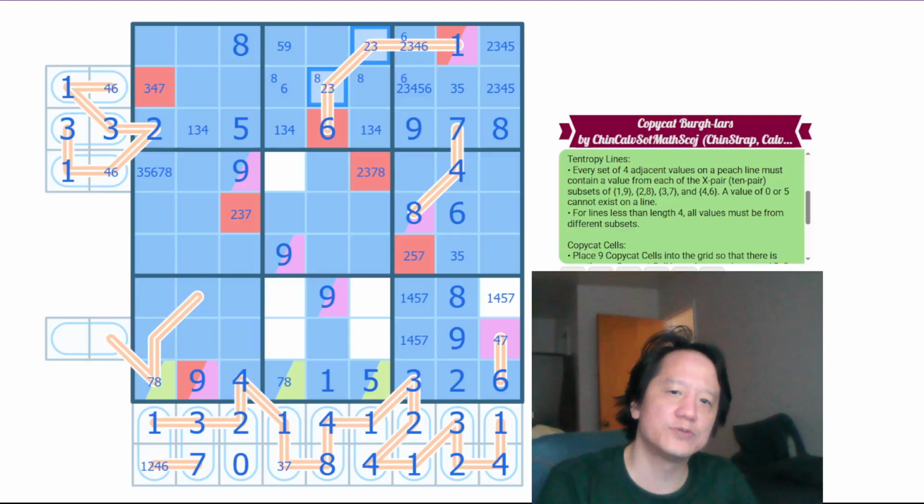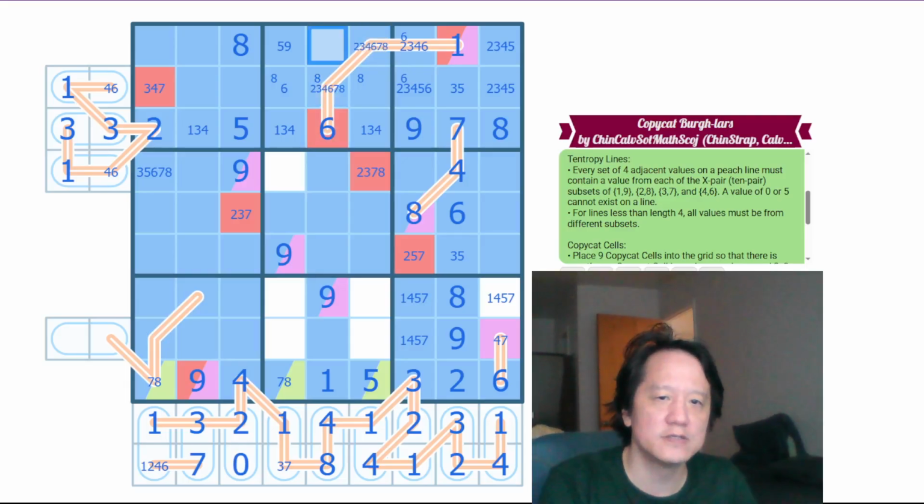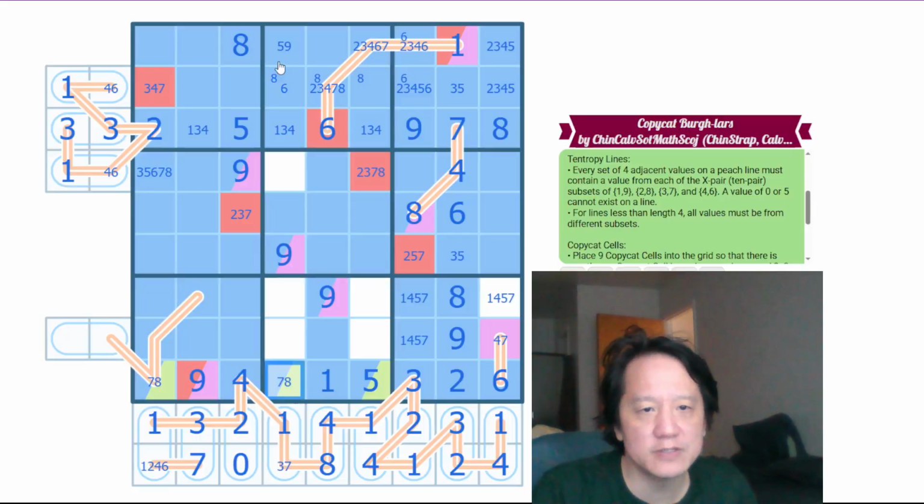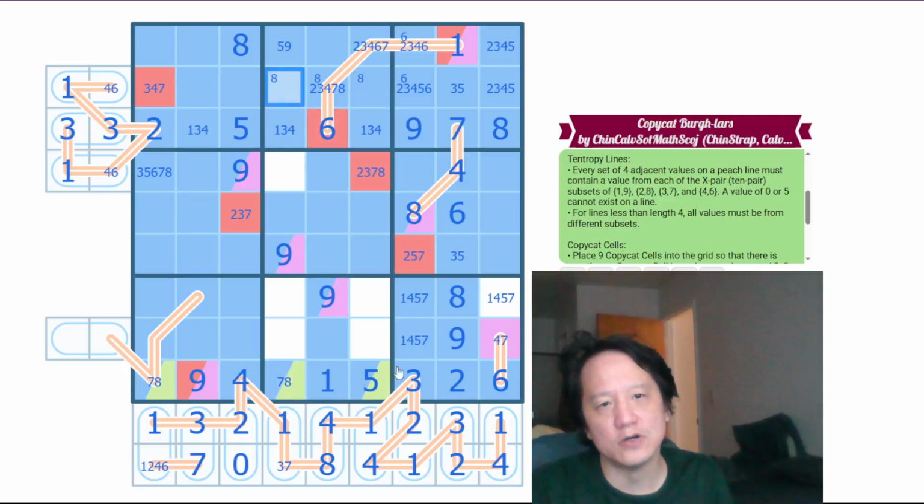So it's 2, 3, 4, 6, 7, 8. No 8 here because of 8 in the row. No 6 here because this can't be 7 and 6 here because we have a 6 in the box. So this is not 7, this is 8, which makes this a 7.